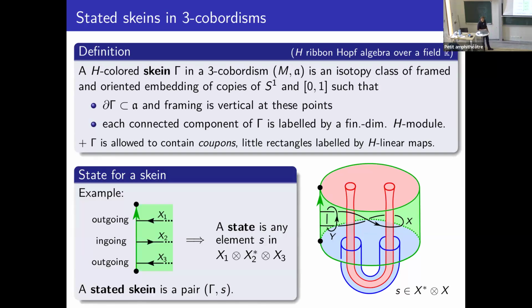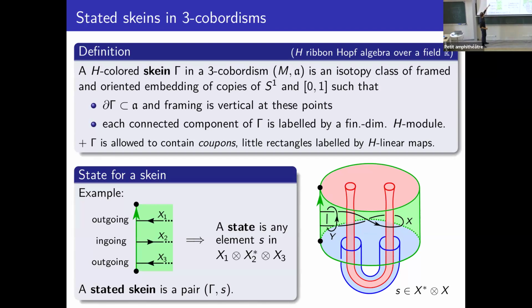And now let's see what is a stated skein. So a state will be an element which is associated to what happens in the boundary. Okay, so look at this example here. So here you have a neighborhood of the arc. Okay, and then of course when you look at a neighborhood of the arc, what you see is that some strands are arriving and others are going into the surface.